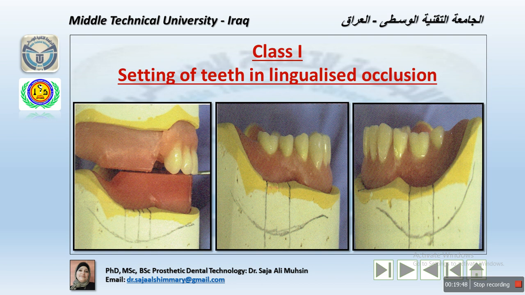The height of the occlusal plane may need to be adjusted carefully to ensure that the upper posterior teeth do not appear to be hanging down below the upper anterior teeth when the patient opens their mouth or smiles.